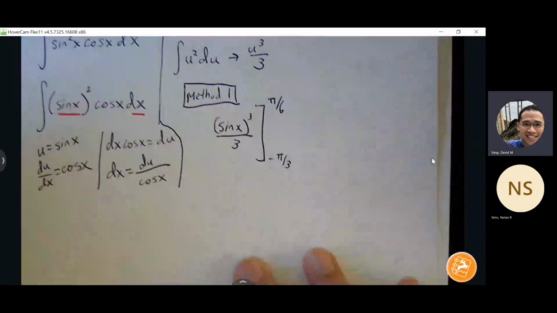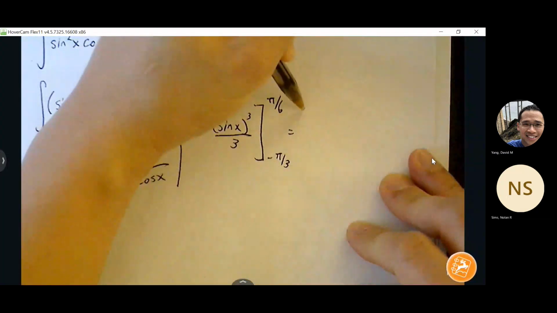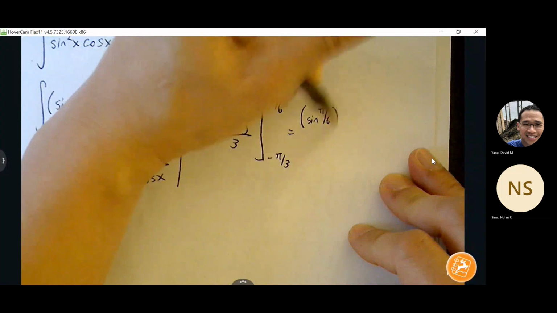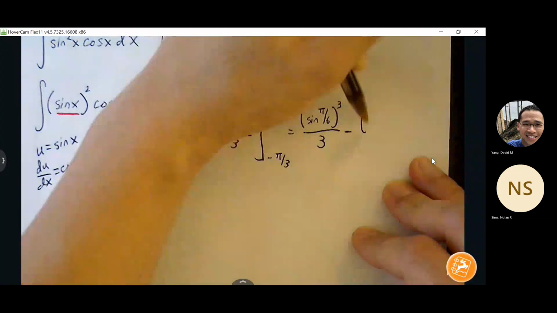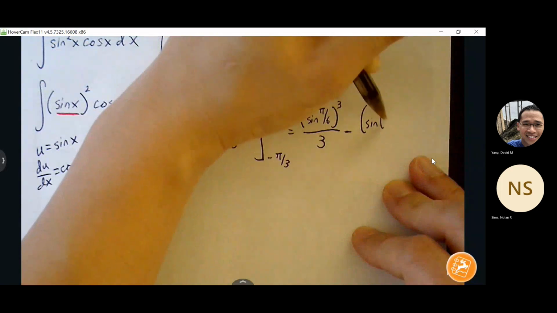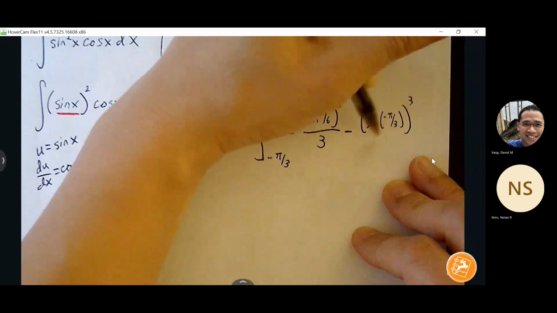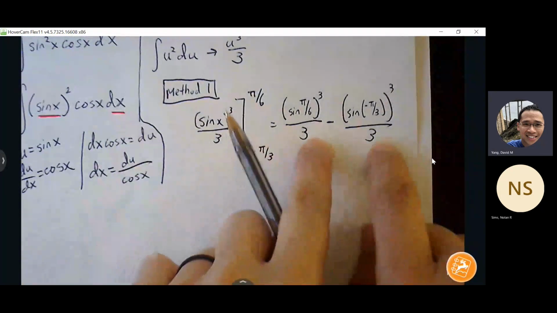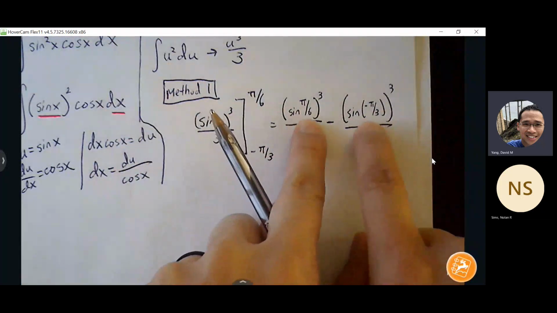Okay, upper bound first. Okay, so once you put this in, you cannot leave your answer like this. You got to go one step further. You have to evaluate these trig.